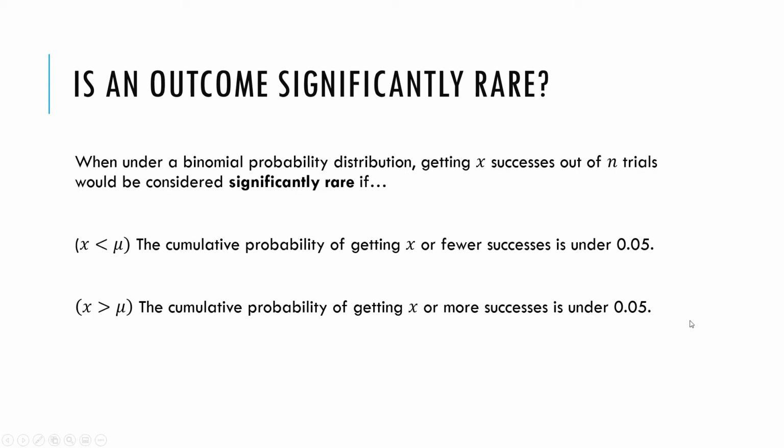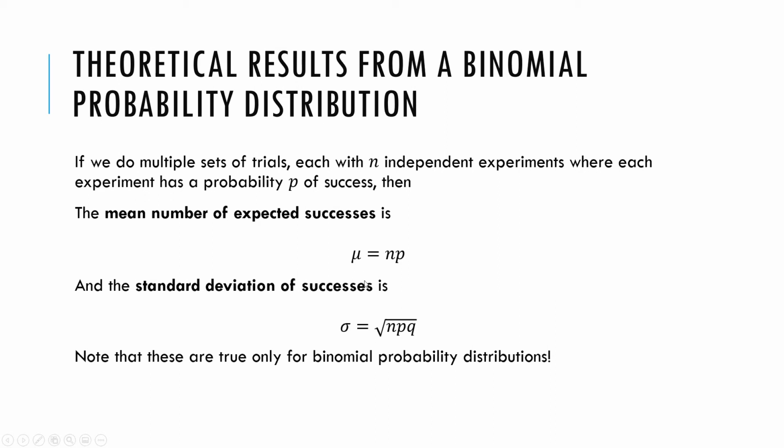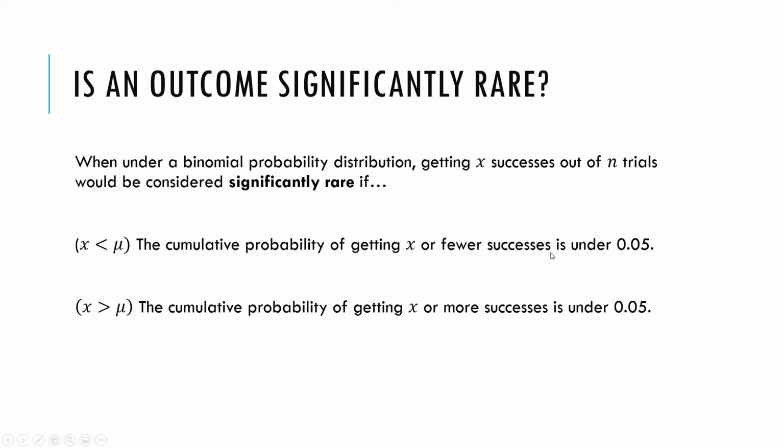And in either event, if your cumulative probability is under 5%, you are statistically rare. You can check me on this. We'll actually do this in class together. But there is a nice correlation between this definition of being 5% probability or less cumulatively and the other definition of being mu plus or minus 2 sigma. It's not a new thing, I promise.